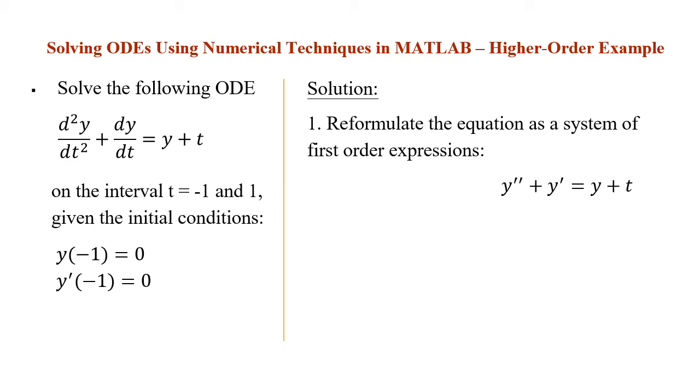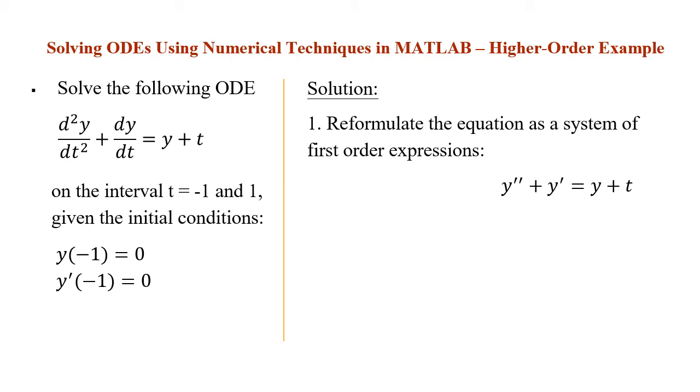So let me rewrite the expression itself as y prime instead of dy dt, y double prime instead of d2y over dt2. So this is just another annotation for the expression itself. I didn't change anything else.